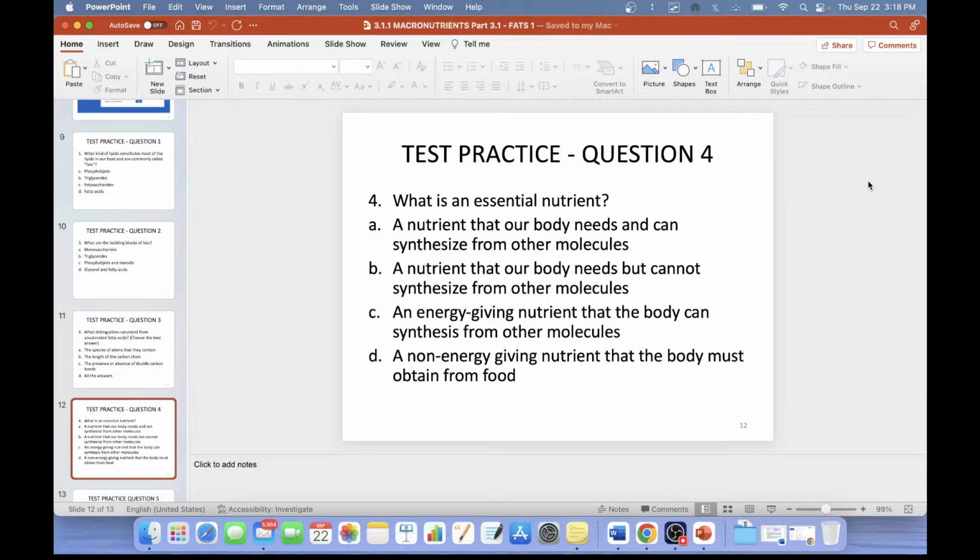Let's practice question 7. What fatty acids are essential in human nutrition? A, monounsaturated fatty acids. B, palmitic acid and linoleic acid. C, linoleic acid and alpha-linolenic acid. D, omega-3, omega-6, and omega-9 fatty acids.